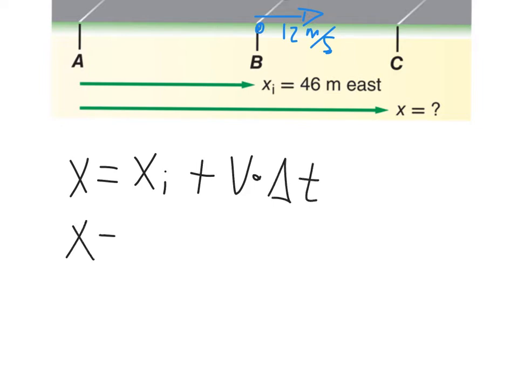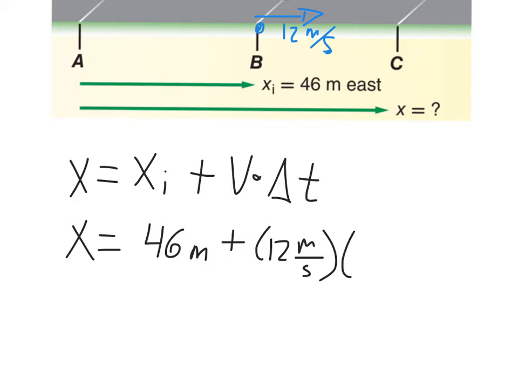So substituting this, it's equal like this: the initial position, that is 46 meters, plus the velocity, that is 12 meters per second, times the 3 seconds, that is the time interval.